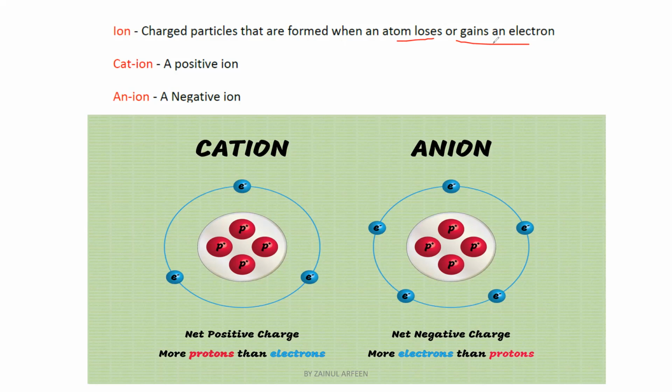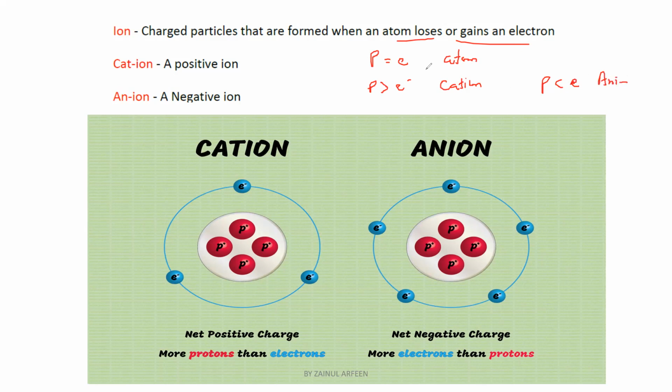Atoms can lose electrons, atoms can gain electrons. So it will form an ion. So if we have equal number of protons and electrons, we call that an atom. But if we have more protons than electrons, we call that a positive ion, also known as a cation. If we have more electrons and fewer protons, then we call that an anion.